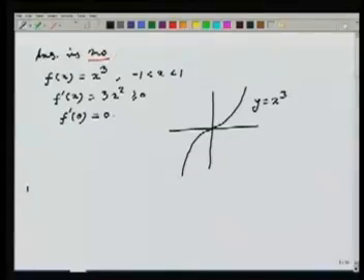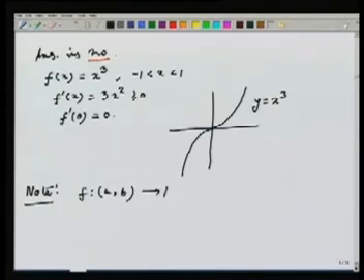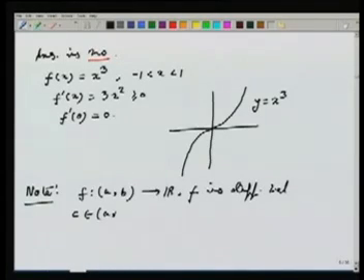Okay. Now armed with this, let's observe something more which we have already seen. So I will call it a note. Suppose I have a function f defined on an interval (a, b). Assume f is differentiable. Let c be a point in (a, b) which is a local maximum of f.